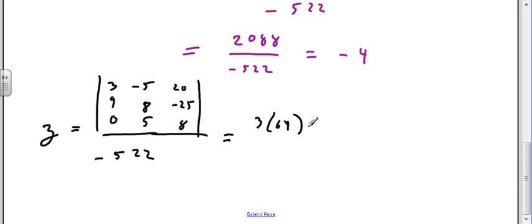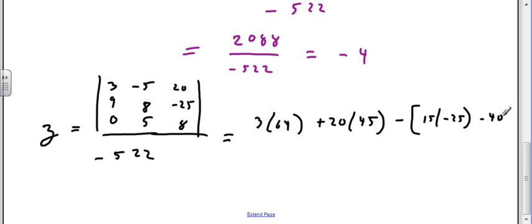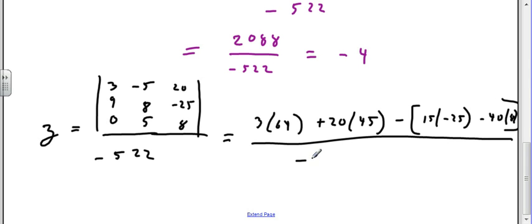And this is plus 20 times 45 minus, that's a 0. This is 15 times minus 25. This is minus 40 times 8 divided by minus 522.